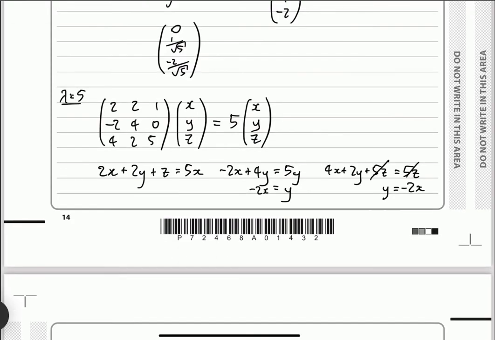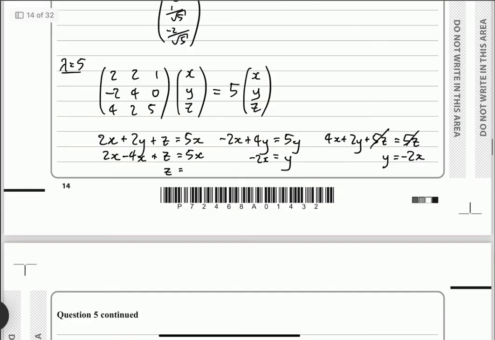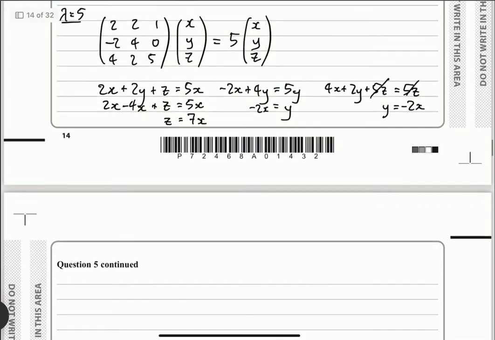So if y equals minus 2x, 2y is minus 4x, plus z, 5x, and we still have the 2x there. So z is equal to 7x. So we know y and z in terms of x, so let's say x is a 1. Then y is equal to minus 2, and z is equal to 7.